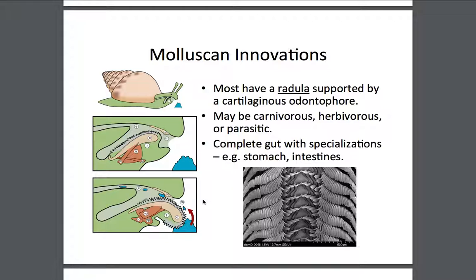All that specialization, though, allows it to continuously feed. It is always pulling mucus back, always scraping the crystalline style across the sorting field, always being able to digest more and more food. And if you think about some of the more simple organisms we've looked at, like cnidarians and flatworms, they cannot continuously feed.